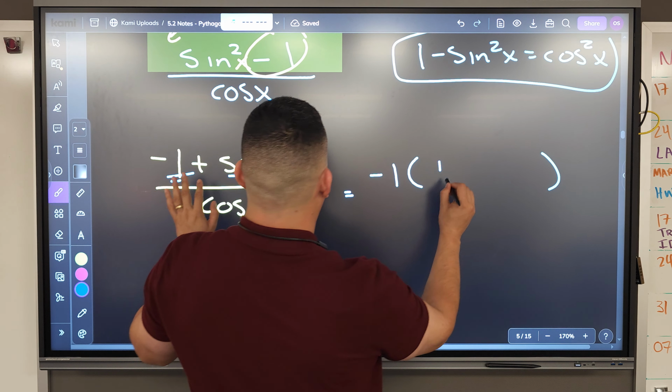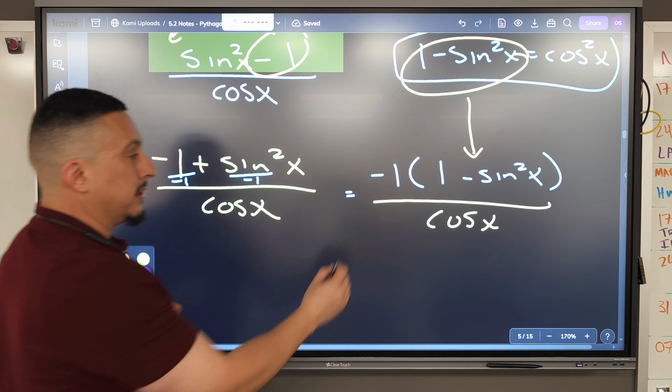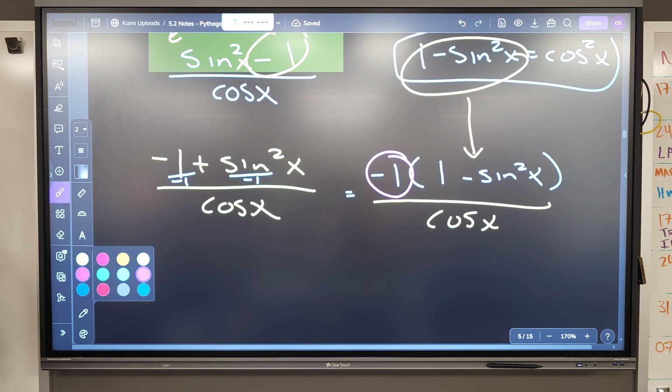But it's still equivalent. That's why I can do that. But now, notice, now it does match. Okay, so I forced it to match by taking out a negative. But it's really important that you understand that negative has to stay because we introduced it, so it's still there. Is that okay or no?